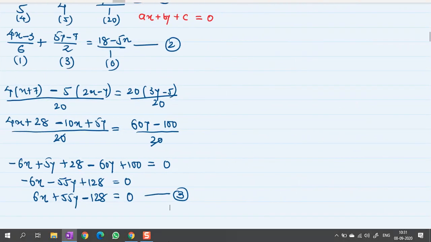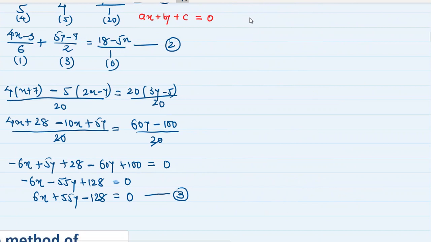Let's do that. So the second equation after taking LCM becomes 4x minus 3 plus 3 bracket 5y minus 7 is equal to 6 bracket 18 minus 5x.